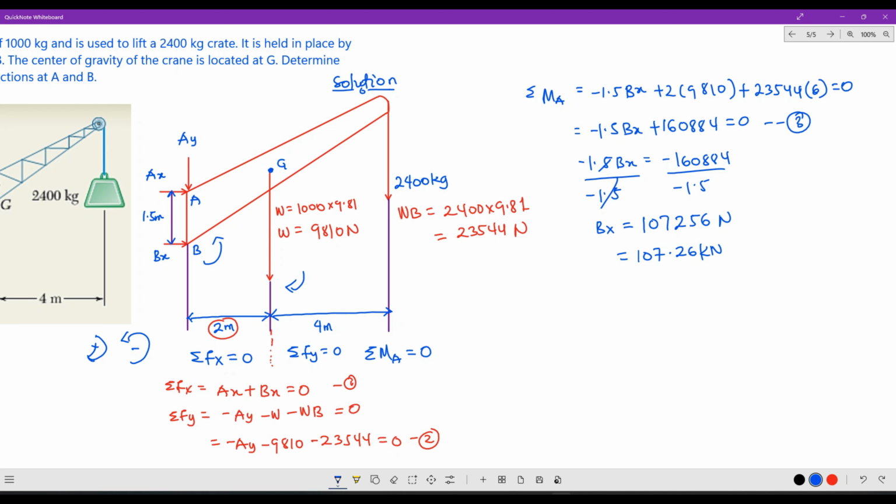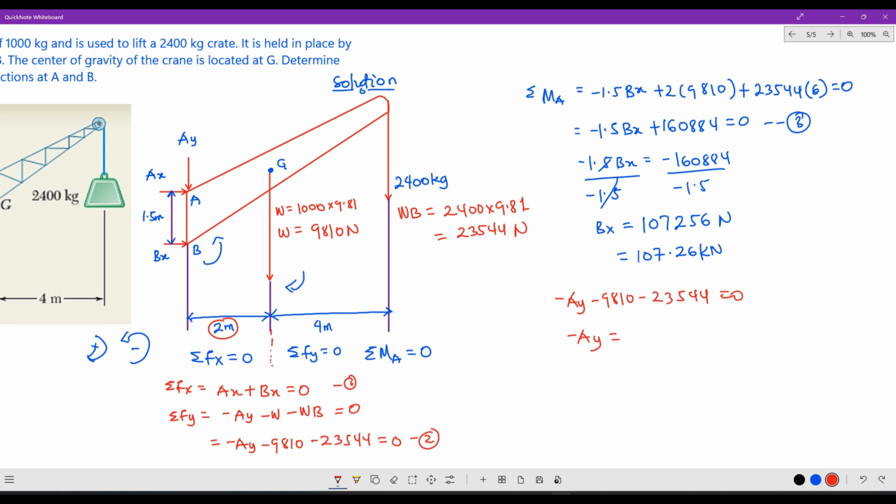Now let's find AY. For AY we have minus AY minus 9810 minus 23544 equals 0, right? So let's simplify this. I'm going to have minus AY equal to 9810 plus 23544.